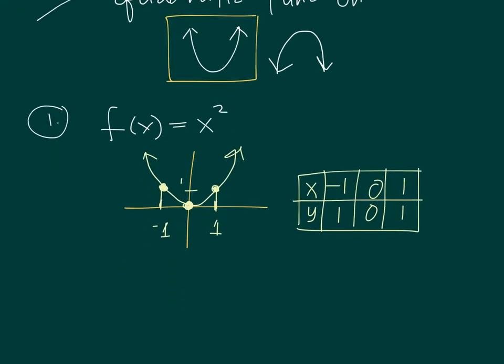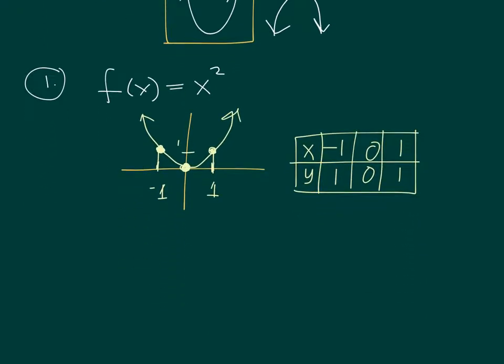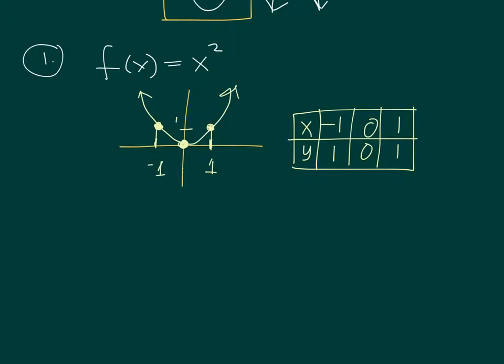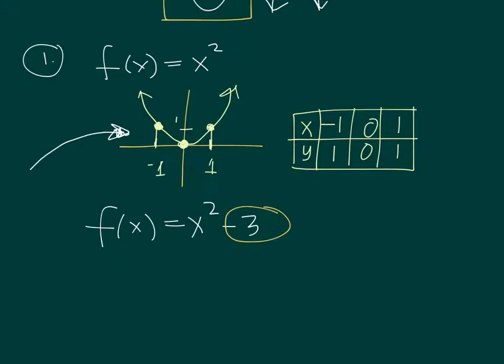So now that you know that the graph of f of x equals x squared is the one being graphed here, consider the graph of f of x equals x squared minus 3. Okay, so this minus 3 is telling us something. If we have a minus 3 on the x squared, it means all the values of x squared will get a deduction of 3 points.